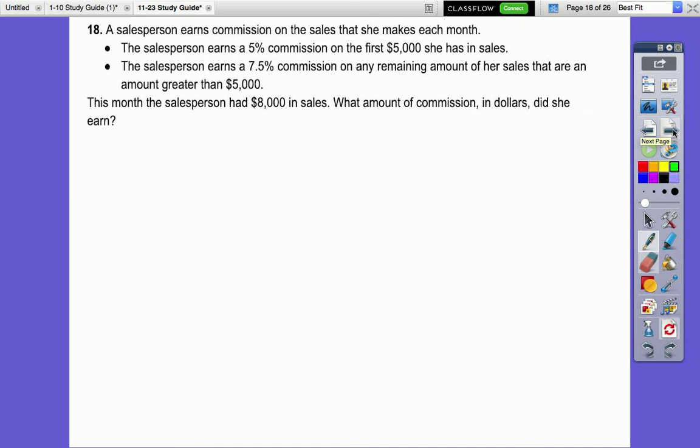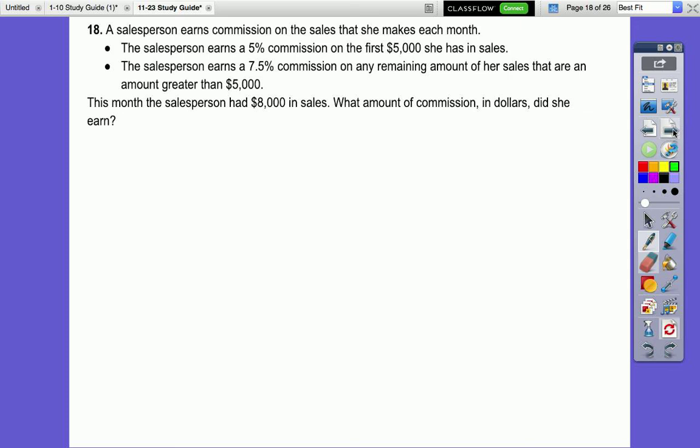The salesperson earns a 5% commission on the first $5,000 she has in sales. The salesperson earns 7.5% commission on any remaining amount of her sales that are an amount greater than $5,000. This month, the salesperson has $8,000 in sales. What amount of commission in dollars did she earn?